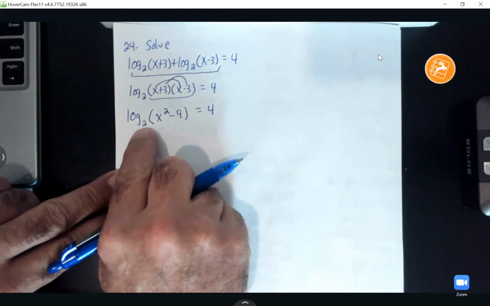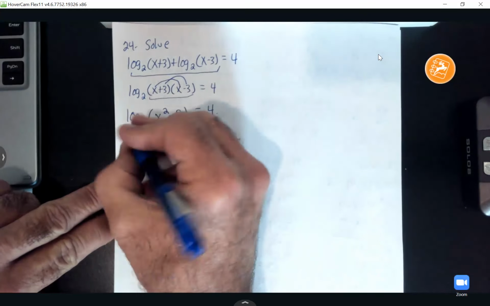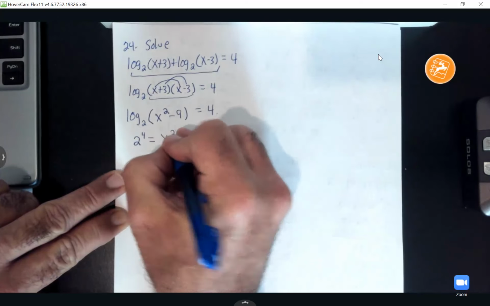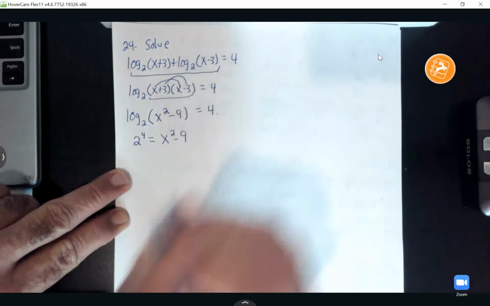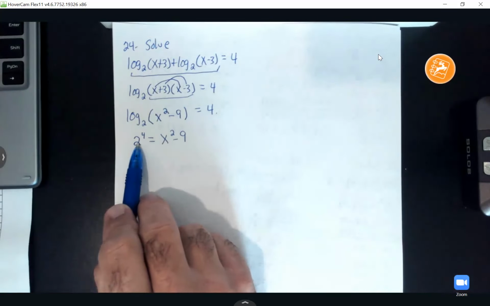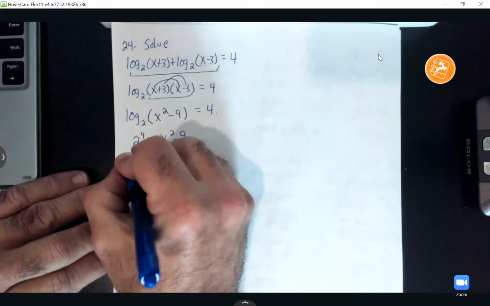So my base is the 2. My exponent is the 4. And that's going to equal the x squared minus 9. All right, so let's see. 2 times 2 is 4, times 2 is 8, times 2 is 16. So 2 to the 4th equals 16.